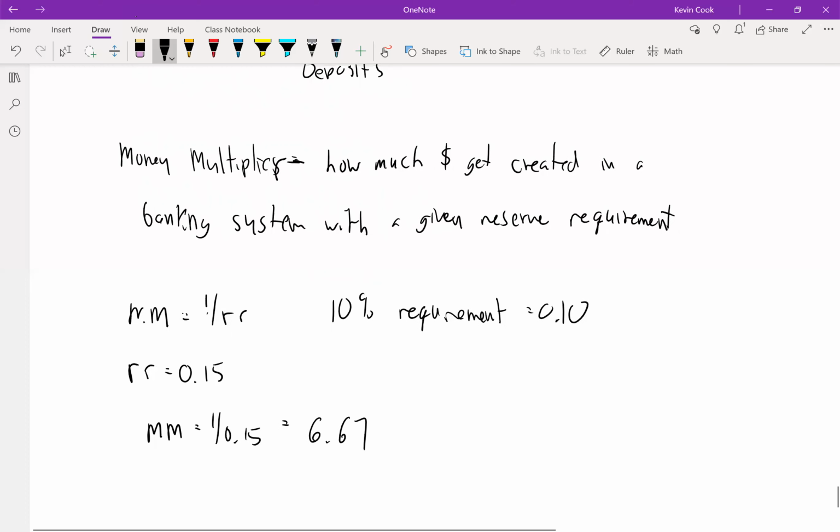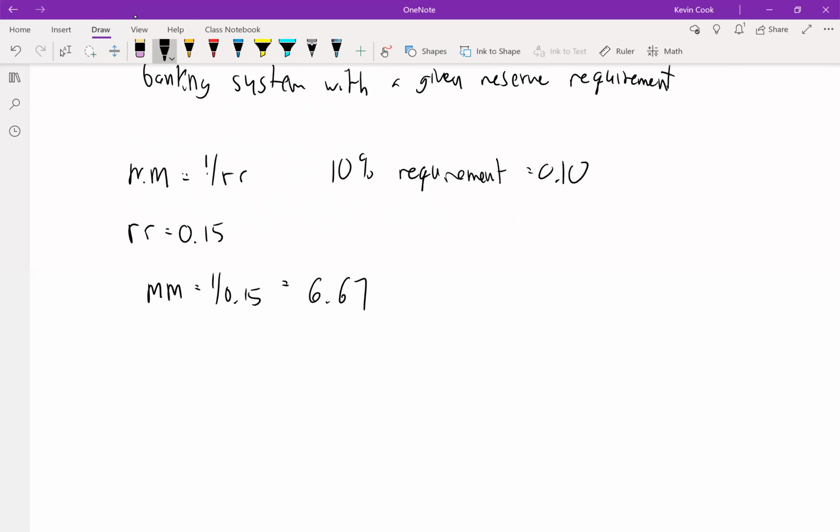So if we took this a step further, suppose that our initial deposit is equal to, say, $500. Then the change in money supply will be equal to our deposit times our money multiplier.